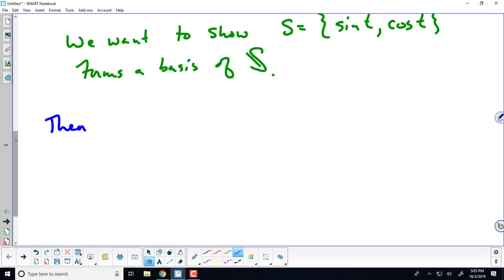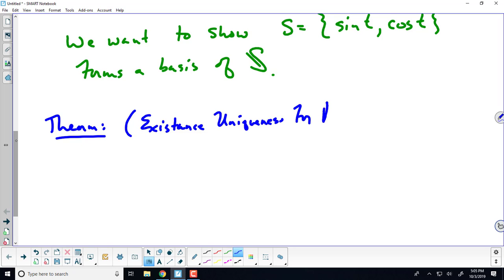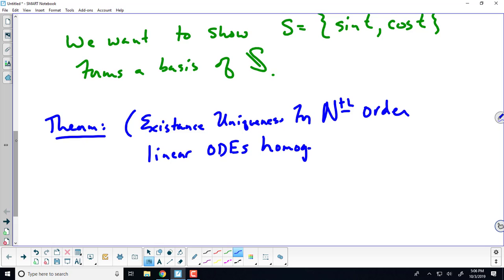So theorem, you can call this the existence uniqueness for nth order linear homogeneous ODEs.